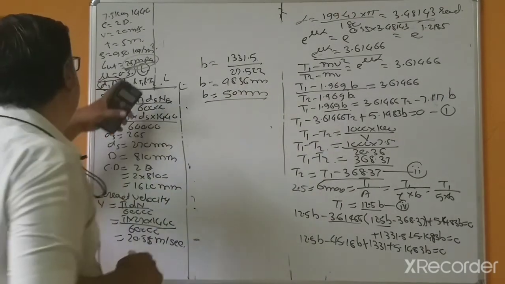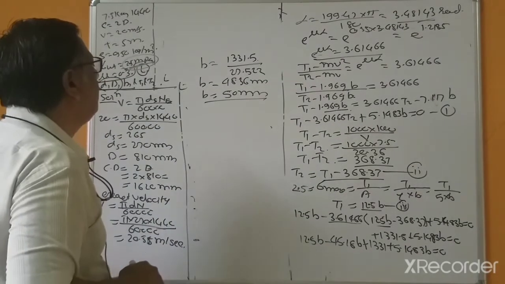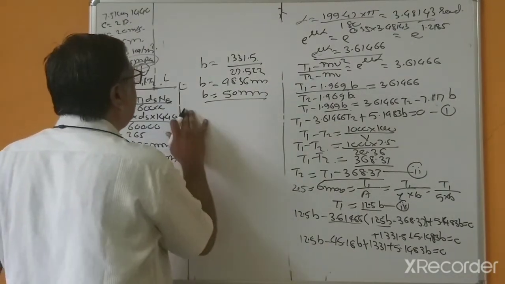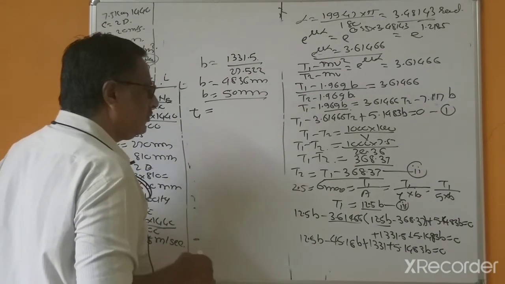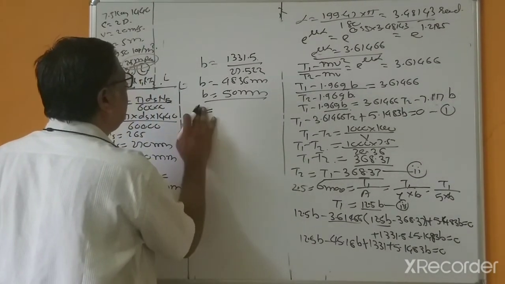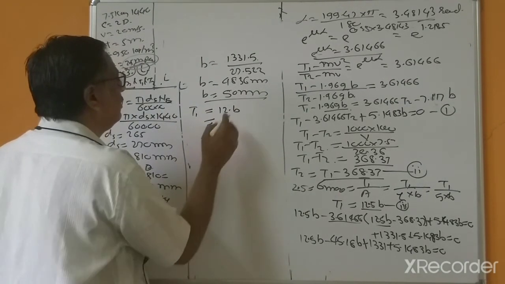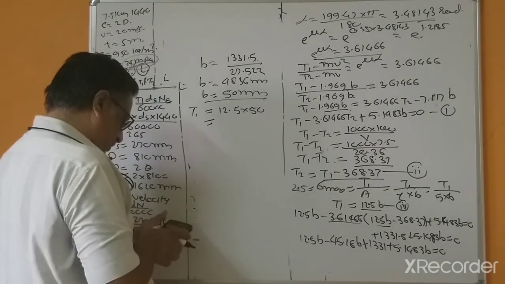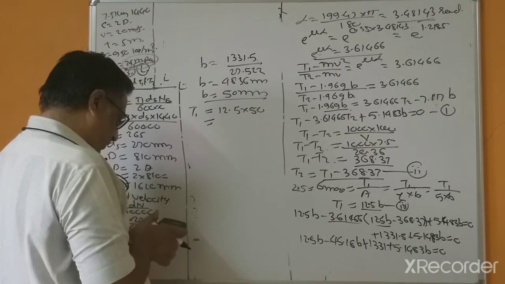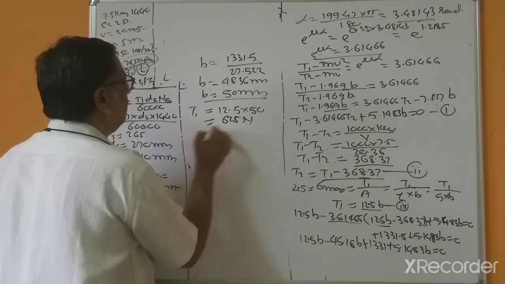So you should take ultimate stress equal to 2.5 megapascal. Now T1 equal to 12.5 or tensions T1, 12.5 into B, 12.5 multiplied by 50, 625 Newton.